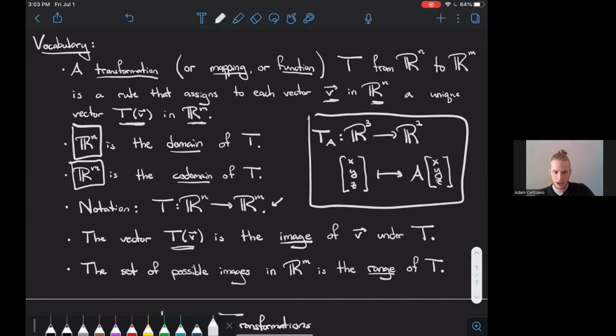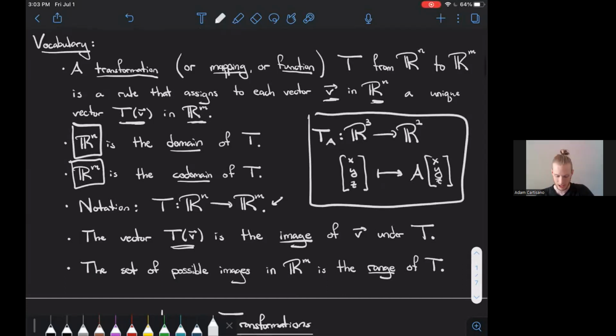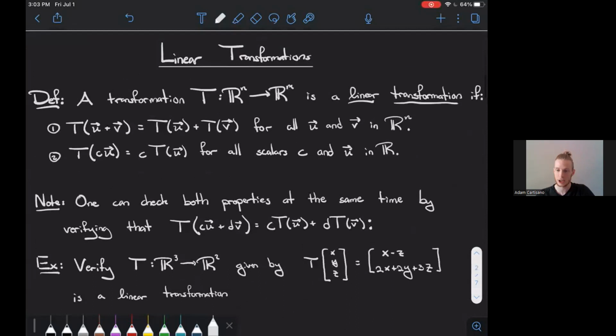So this is how we specify a transformation. I was very careful to not say linear transformation because, as it turns out, this is not enough to be a linear transformation. Let me now tell you what the actual definition of a linear transformation is. A transformation, or a function, T going from Rn to Rm is a linear transformation if the image of the sum of any two input vectors is the sum of their images, and the image of a scaled vector is the scaled version of the image of the original vector.